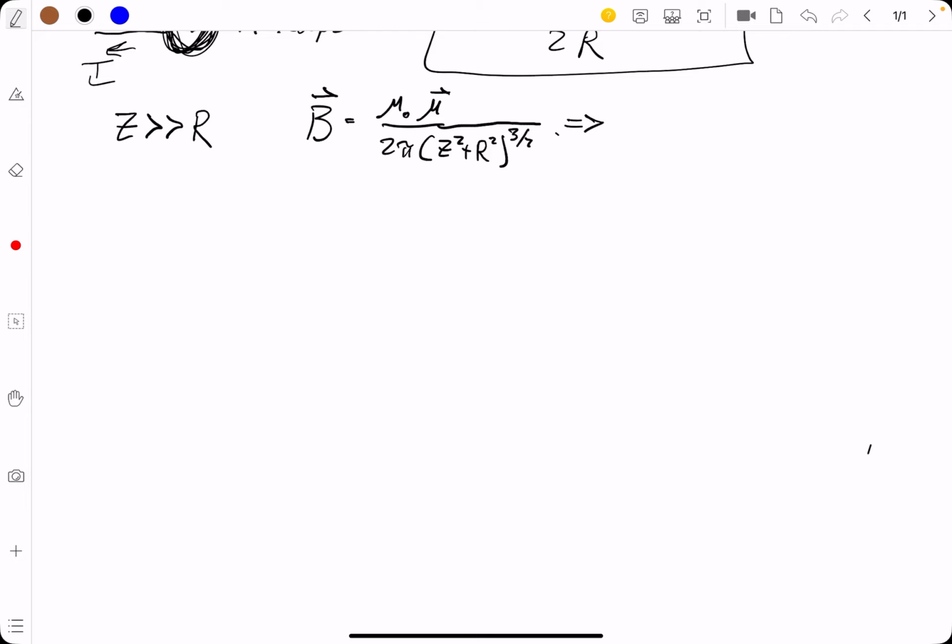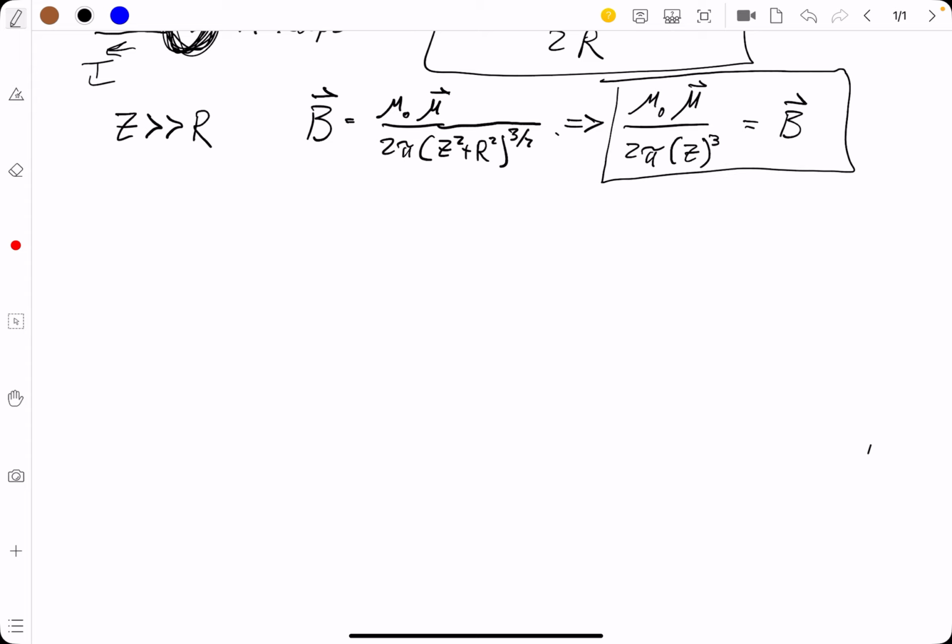So we're going to go like this, and we'll end up with mu naught mu over 2 pi, and then we've got z cubed, because the square gets rid of the 1/2, and that's our B. Like that.